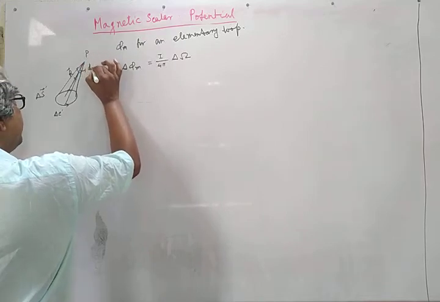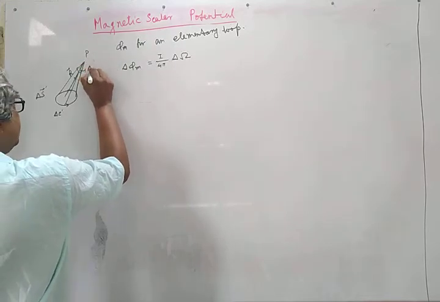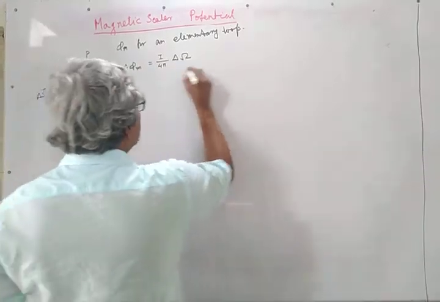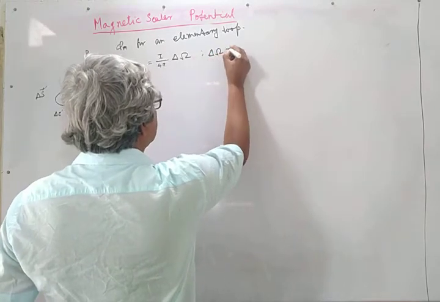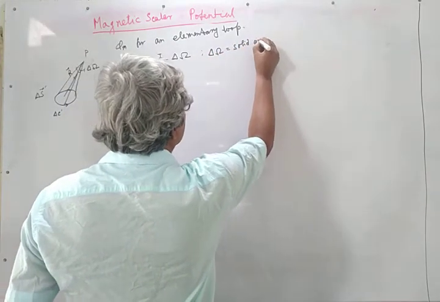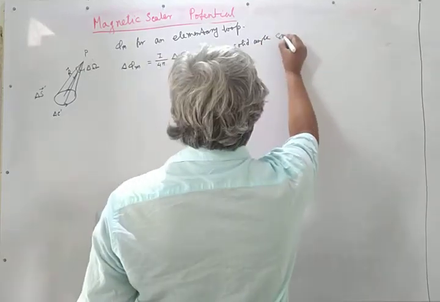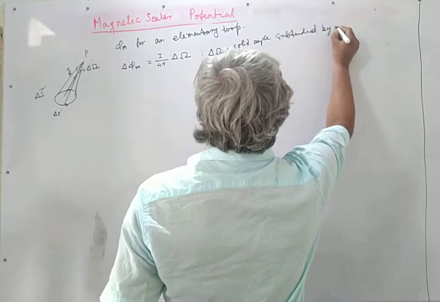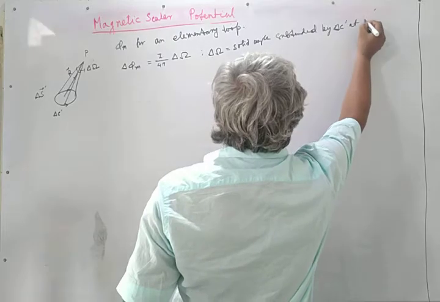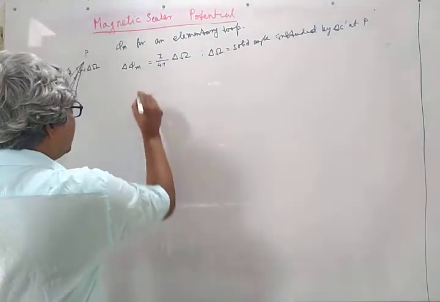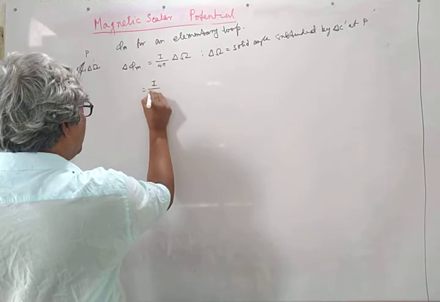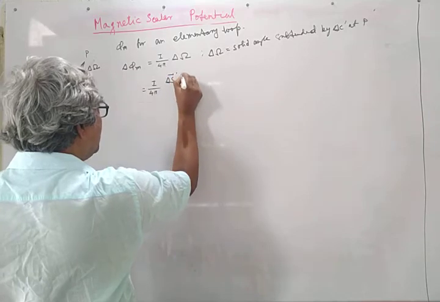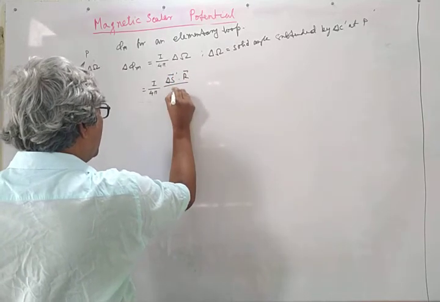So this is the delta omega. We know the delta omega: delta omega is equal to the solid angle subtended by delta C prime at P. We write it as I upon 4 pi, this part we write delta S prime dot R by R cube.